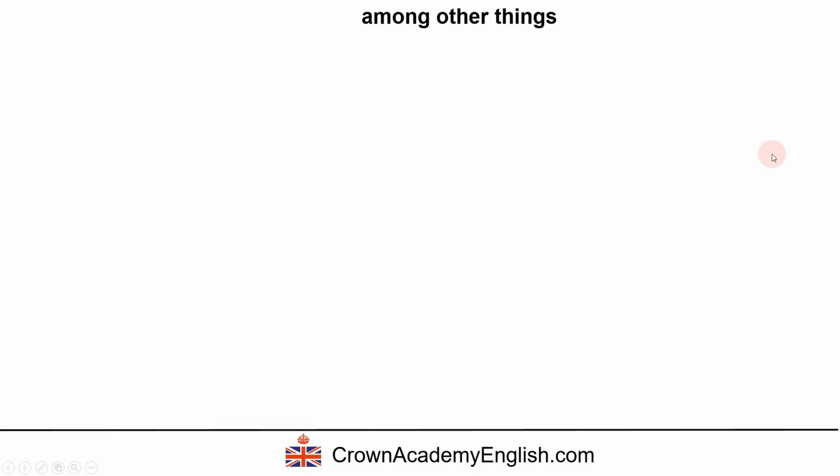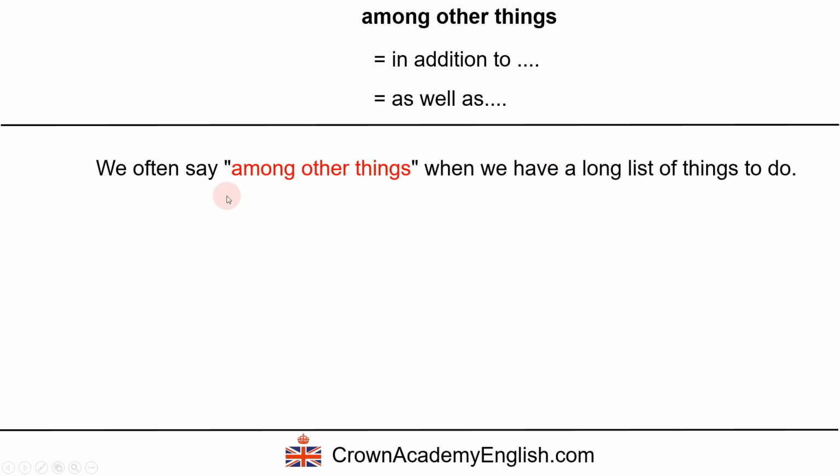And finally, here we have a very good expression. This is an expression that we use with the word among. Among other things. It means in addition to something, or as well as something. A common use of this is, we often say among other things when we have a long list of things to do.